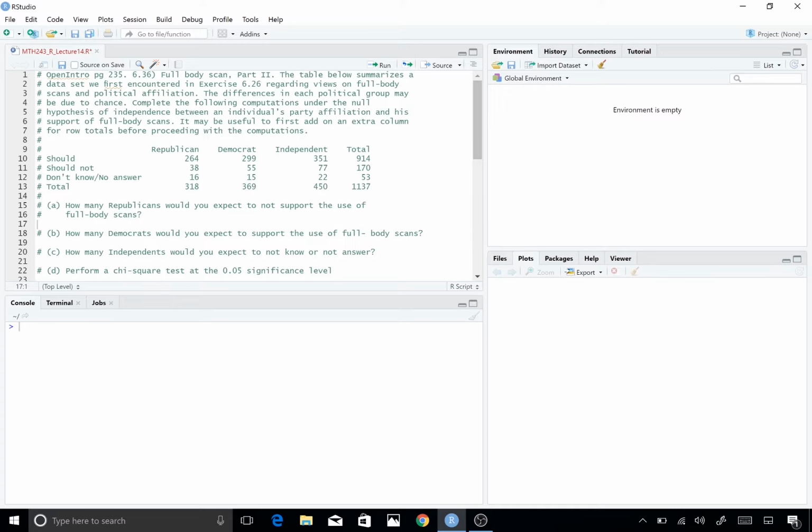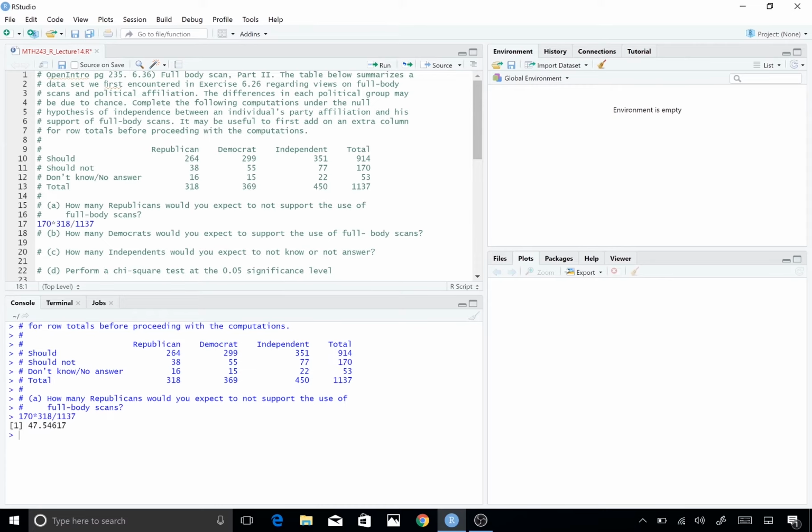That is the second row, first column. The row total is 170 times the column total, 318, divided by 1137, 47.55.